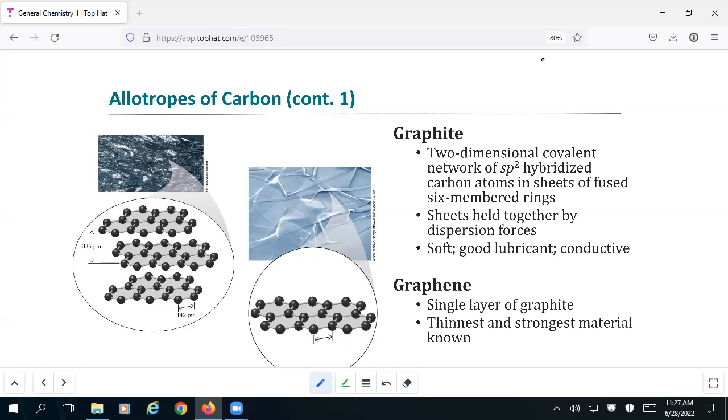And it's also why graphite can be used as a lubricating item as well. You build up a layer of graphite there, it gets slippery. Why is it slippery? Well, because those layers of rings are just sliding over each other. And so long as you keep it there, they will continue to slide. We also see that there is some conductivity inside of the graphite as well.